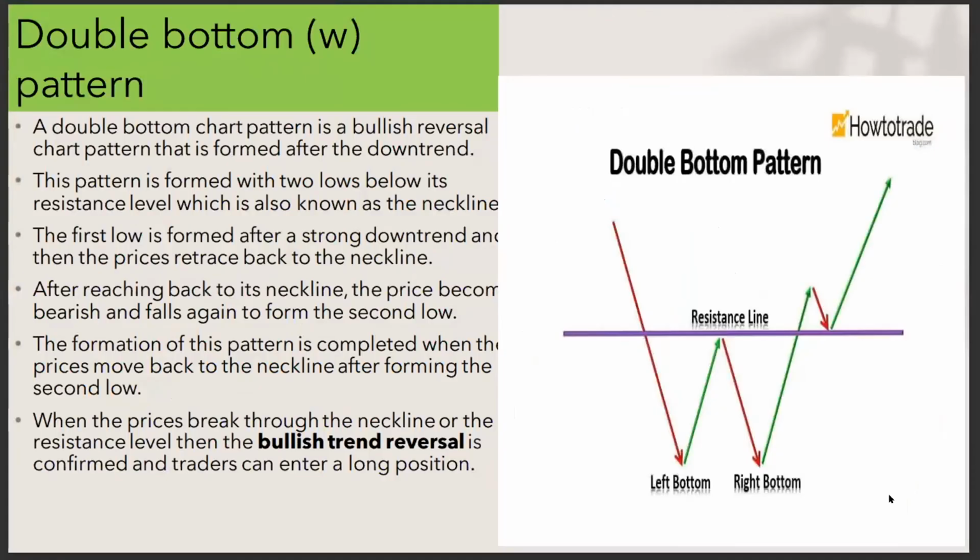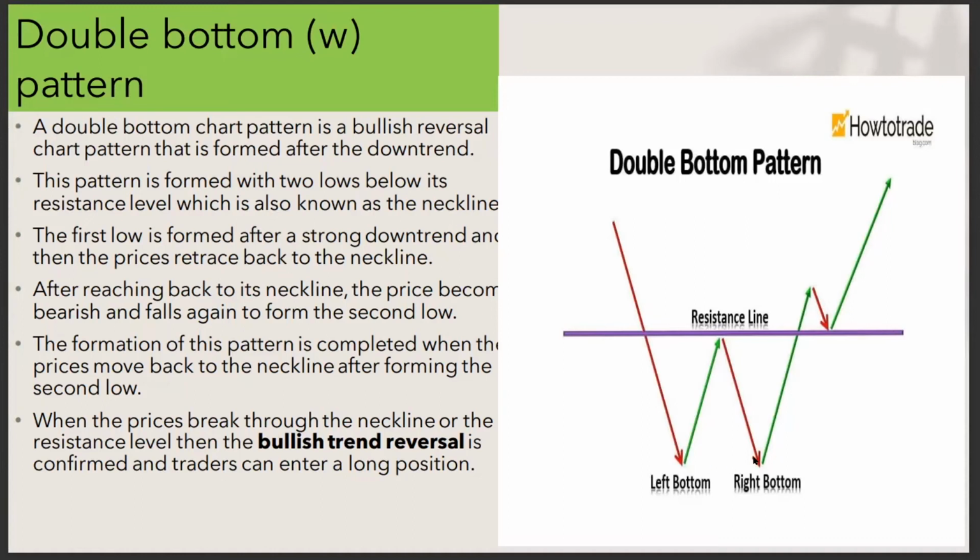Now the opposite of this is called a double bottom or a W pattern. This is similar to a double top, but this indicates a bearish to bullish trend reversal. What happens is the sellers try to take the market lower, then the bulls try to take it up. Again, the sellers try to take it lower, but here they face resistance.